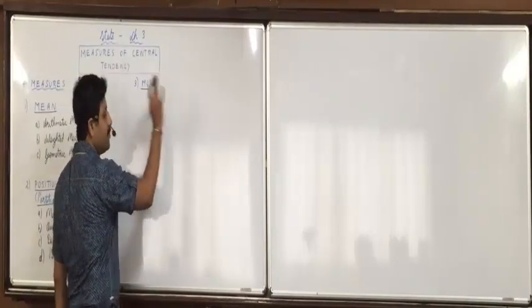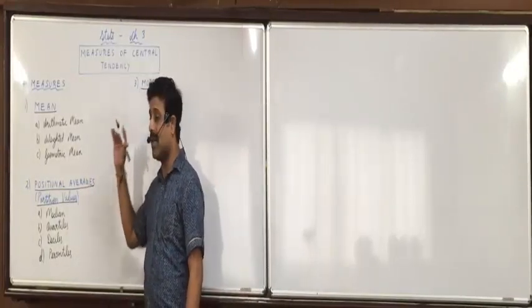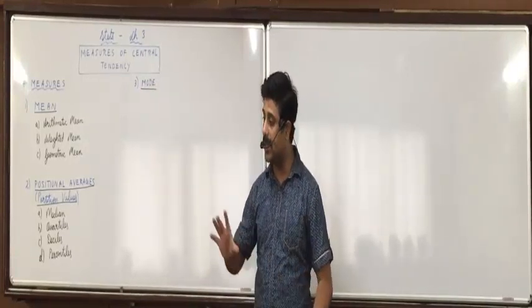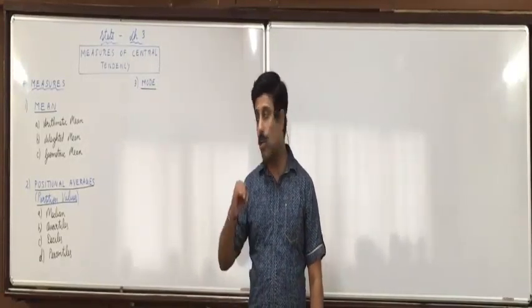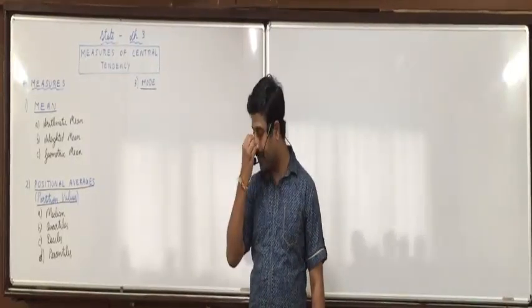And mode is only 1. So as you can see, 3 plus 4, 7 plus 1, 8. So total 8 measures of central tendency we will study in this chapter. Okay, today we will start with arithmetic mean. Note it down.